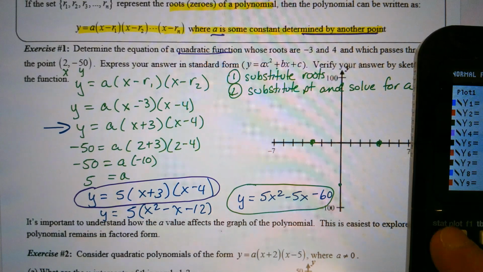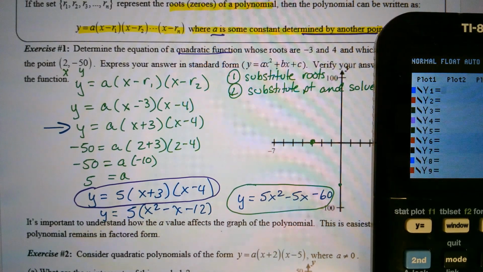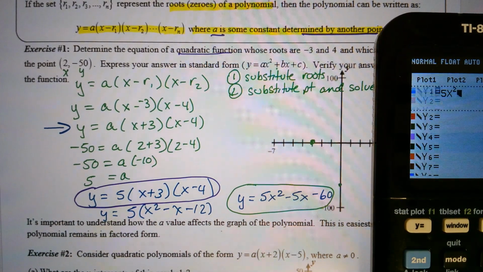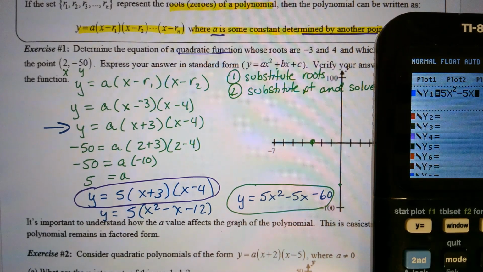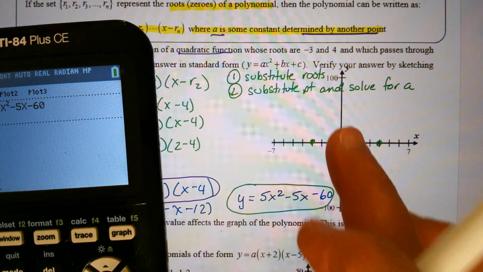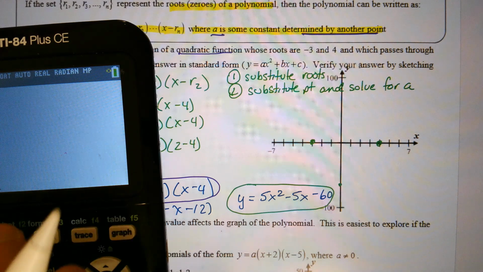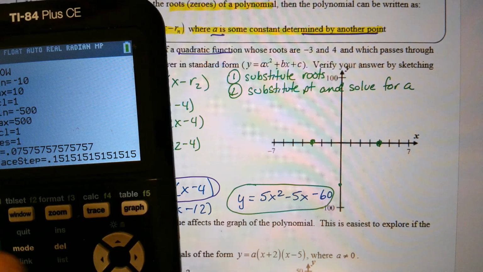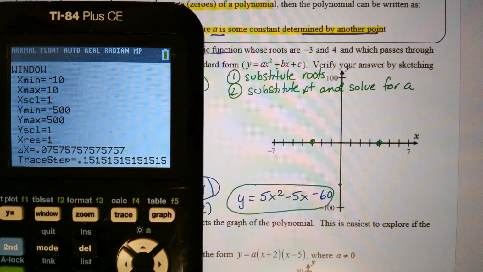And we throw it into the calculator. We'll have to adjust our window to go from negative 100 to positive 100 for our y's. I'm just going to keep the x as is.